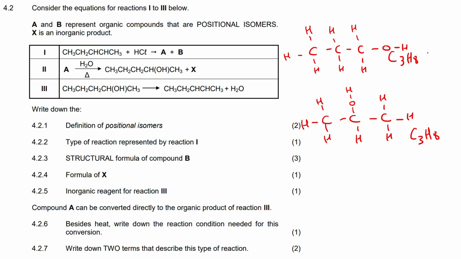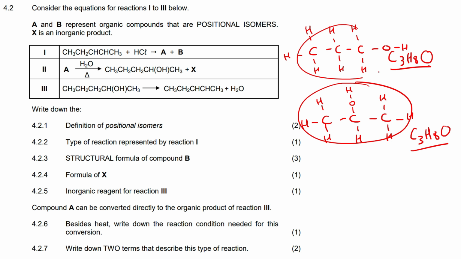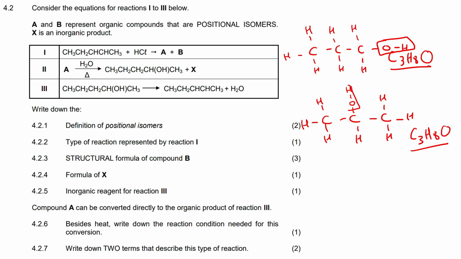And the number of oxygens would be 1 for both. But they are 2 slightly different kinds of molecules. We call them isomers because they've got the same molecular formula, but you can see that their structures are different. We can see that the position of the functional group here is on carbon 1, here it's on carbon 2. That is what a positional isomer is.